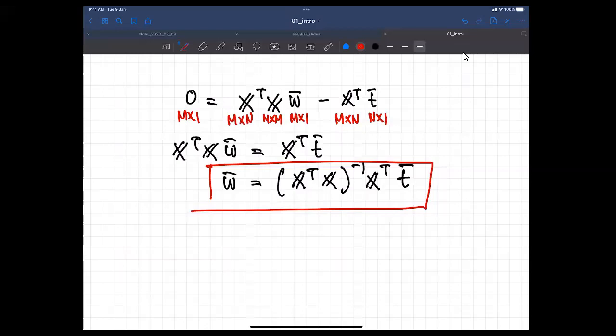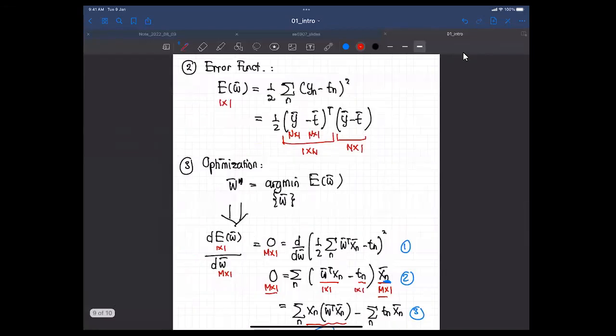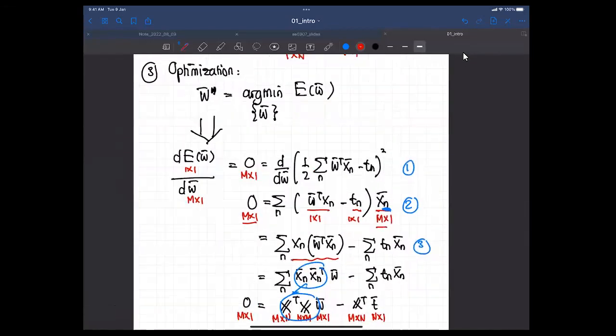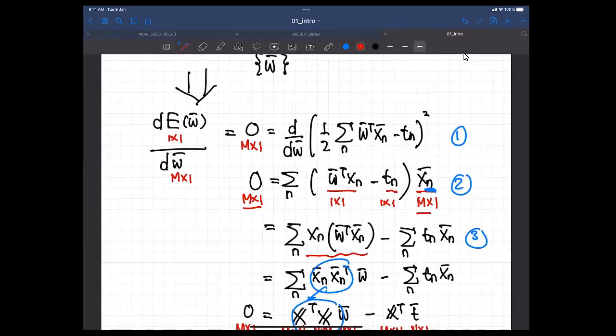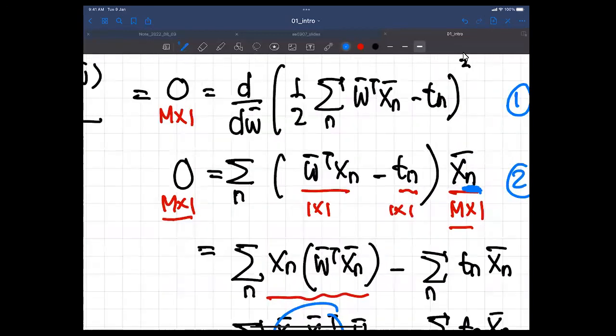So in this case, on line 2, how does the middle line, W bar transpose, become 1 by 1? I think that's actually okay, so let's look at this. What is the W transpose? It's 1 by m, right? And what is the other vector? M by 1.